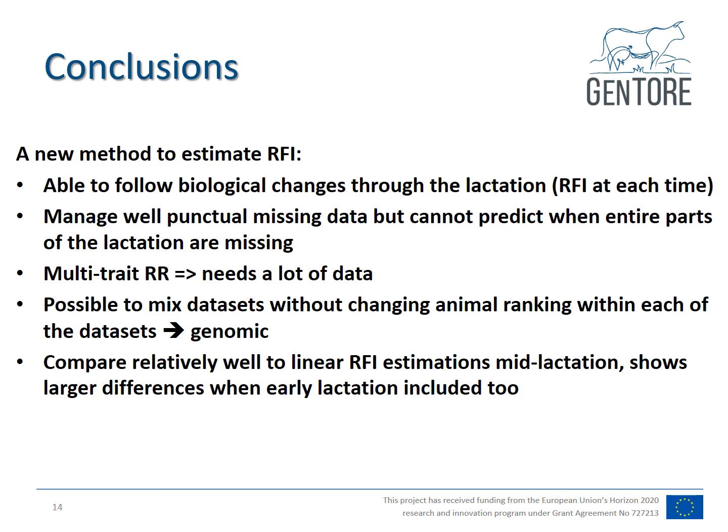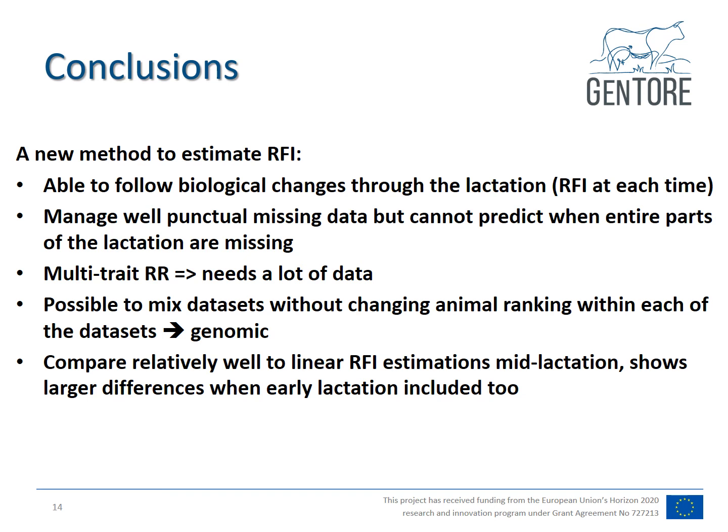In conclusion, we now have a new method to estimate the RFI that is able to follow biological changes through the lactation by giving an RFI at each time. This model manages well punctual missing data, but cannot predict when entire parts of the lactation are missing. As this is a multi-trait random regression, we need a lot of data to compute.